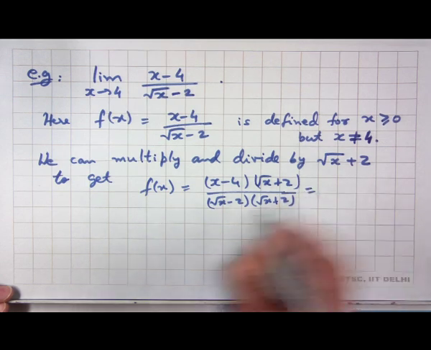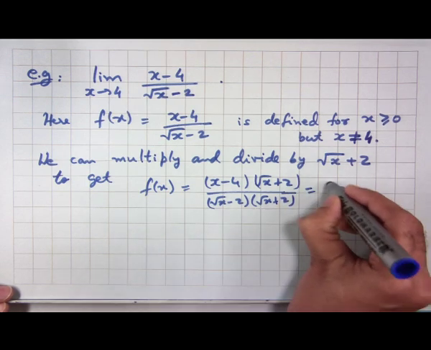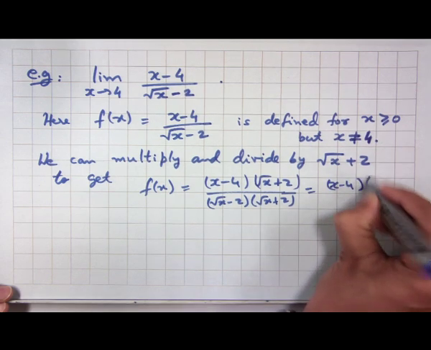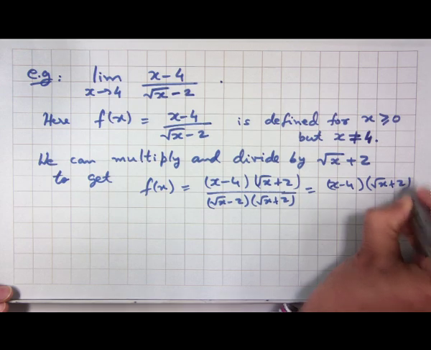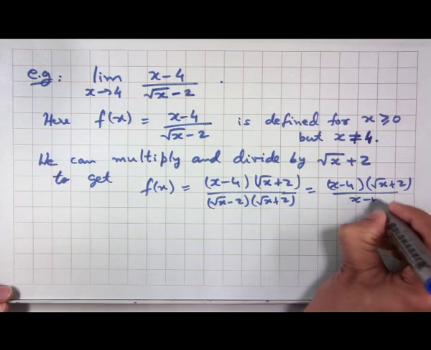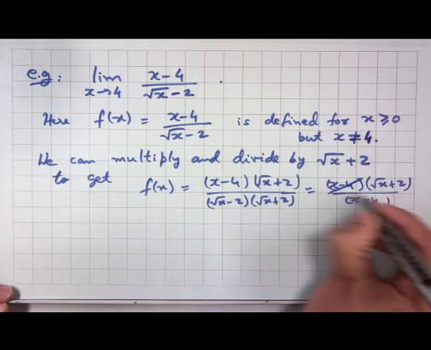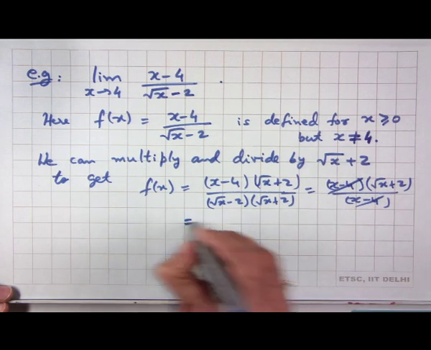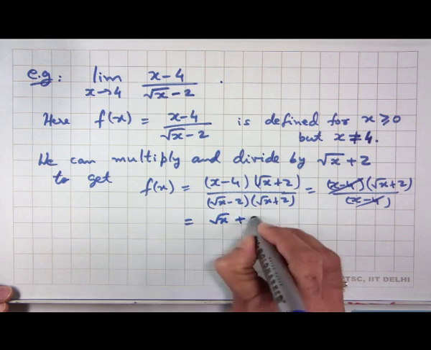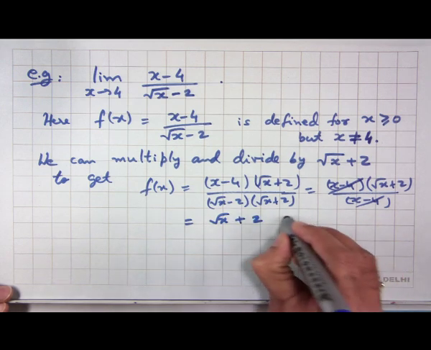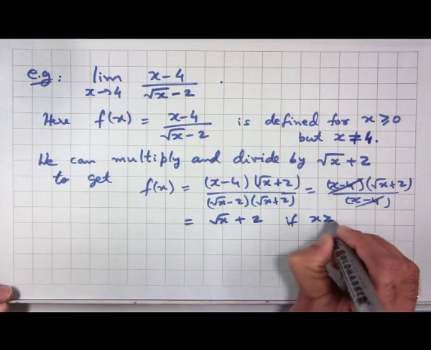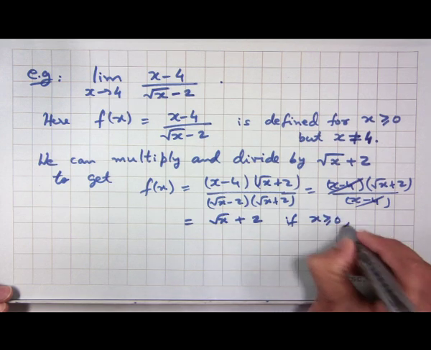And now, if you multiply in the denominator, we get x minus 4, and this cancels with the numerator. So, f x is equal to square root x plus 2 if x is greater than or equal to 0 and x not equal to 4.